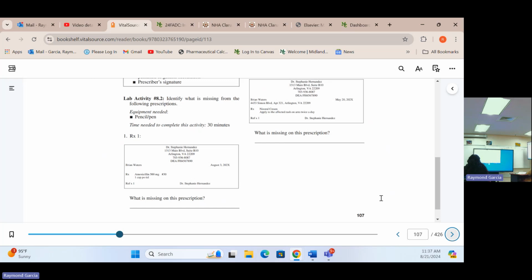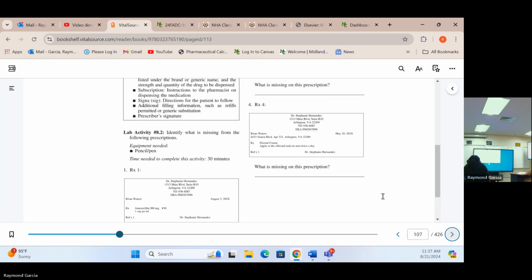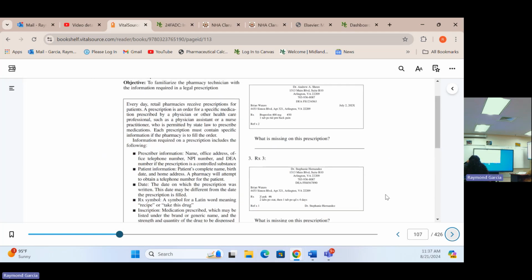I think you can find that information on page 1, as far as what to look for, what's missing. What is missing? The prescriber's, the physician's signature.